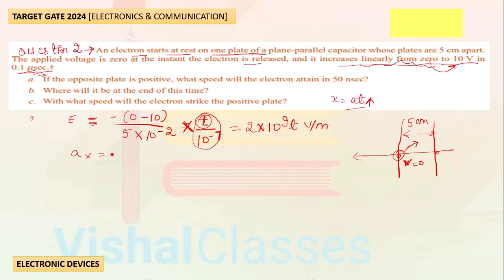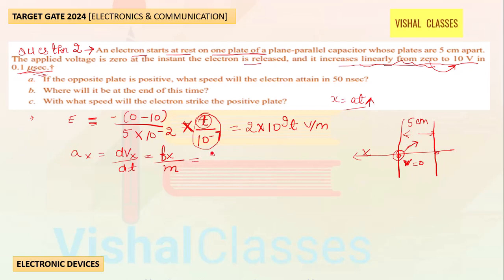Acceleration is velocity upon time; when we differentiate, it is given by dv by dt, since I am considering the x direction. Another formula we know from childhood is force upon mass, force in x direction upon mass.